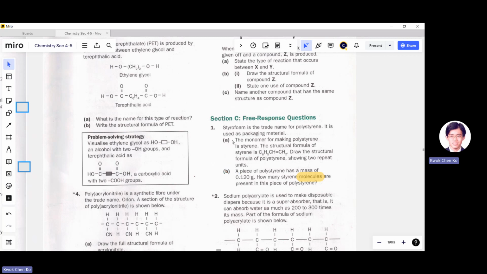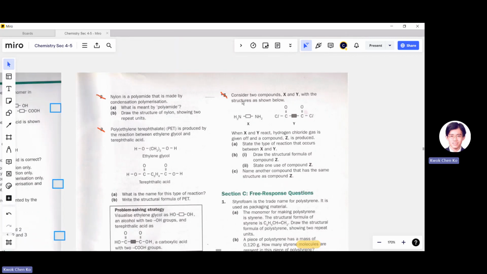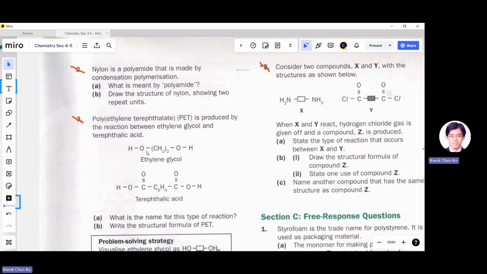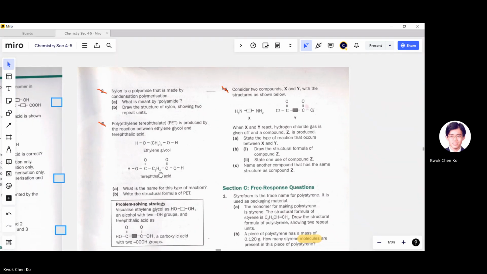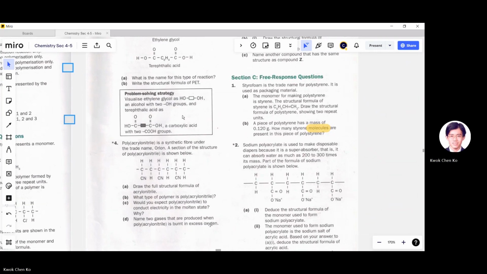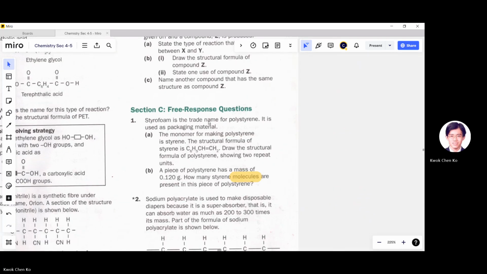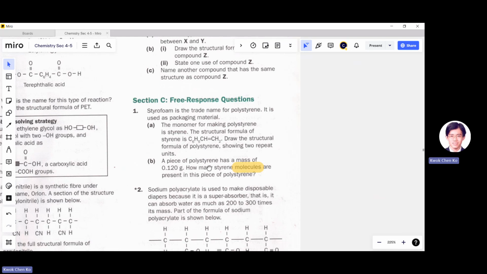This one you retain. Let me double check. Yes, you skip only 2, 3, and 5. This one you can't skip. This one you should be able to figure out.